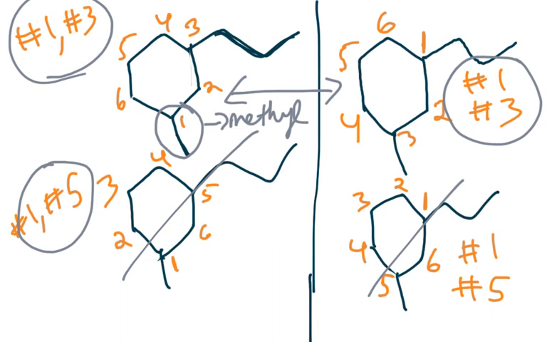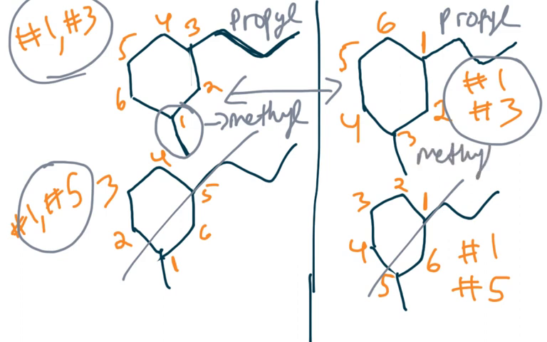And what about the number 3 carbon? That's a propyl. Now let's go over to this side. The number 1 carbon has a propyl, and the number 3 carbon has a methyl. So which numbering pattern do we choose?